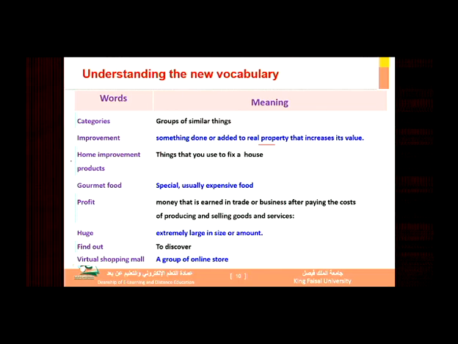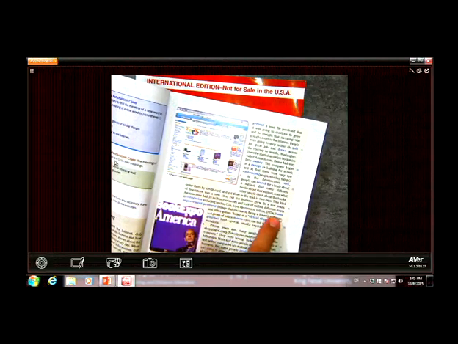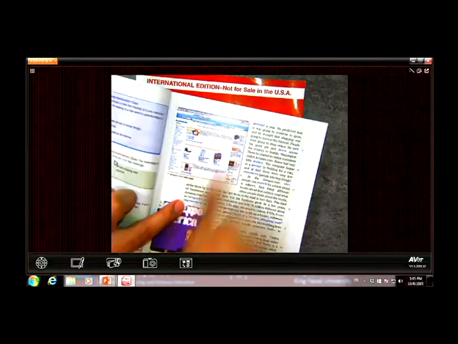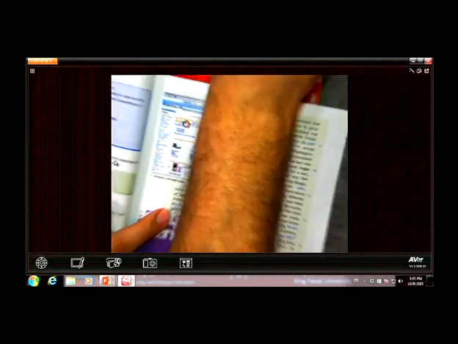Now we have come across the phrase home improvement product. So if we go back to the article we are dealing with, which we said is on page 26, where we talked about home improvement product, this is where it appears, a term that we also need to explain.